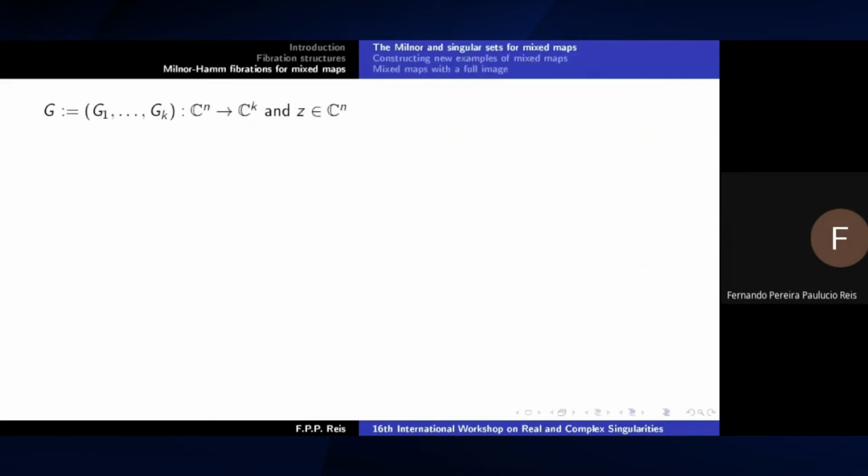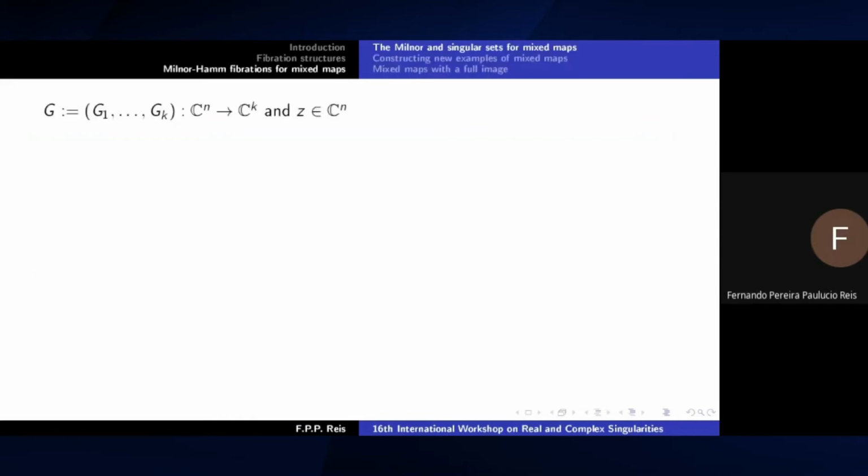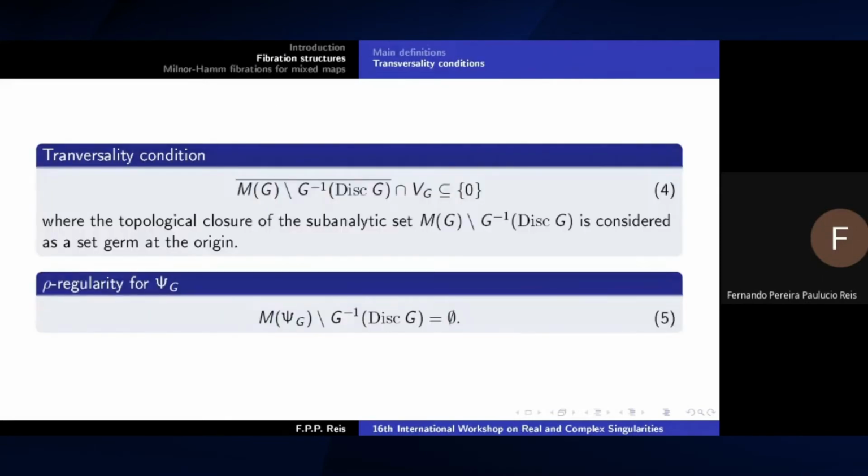And the condition (5), we call it the rho-regularity for PCJ. In this case, we say that PCJ is rho-regular if it satisfies the condition (5).